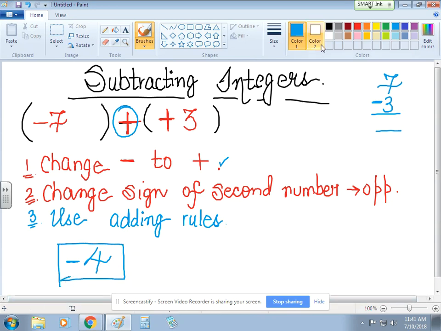In order to make more sense of why my answer is -4, I can show it to you logically using math manipulatives or counters, where we have 7 red counters: 1, 2, 3, 4, 5, 6, 7.